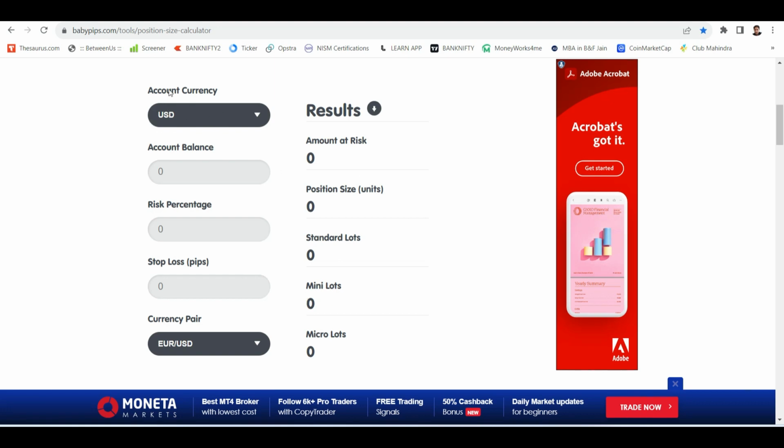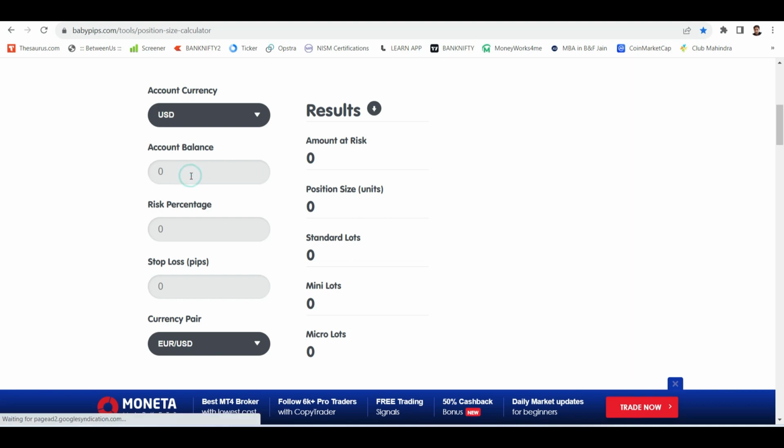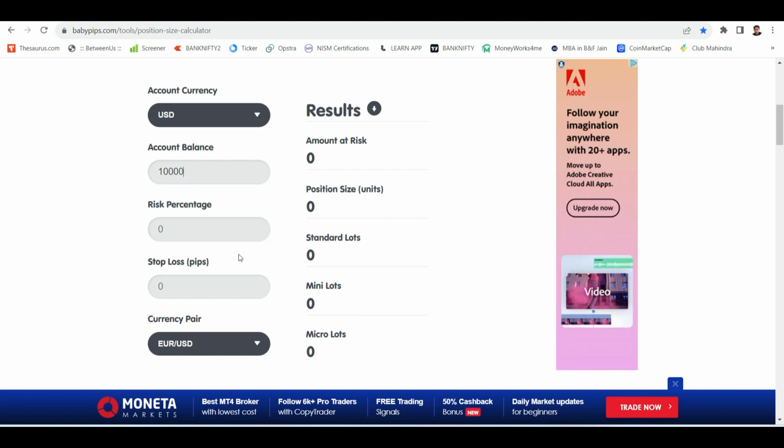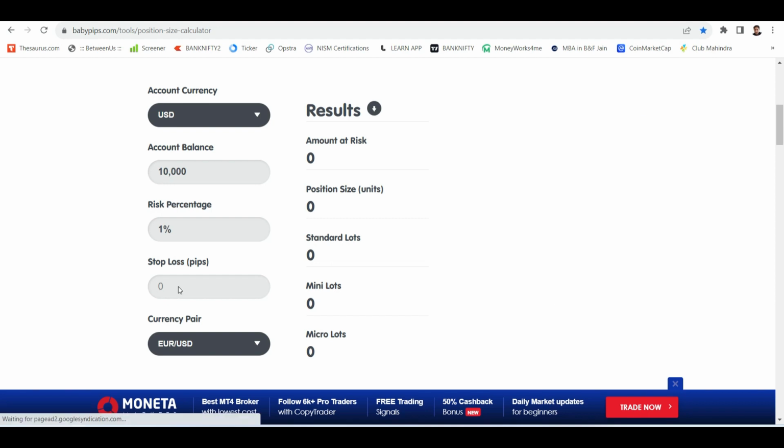Now if your account is in US dollars, first thing you have to do is put your account balance. Say for example, your account balance is $10,000, so you put $10,000 over here. Next, it is asking how much do you want to risk in every particular trade. Basically, how much you are ready to risk in every particular trade. Say for example, you put 1%. And now while you are monitoring the charts, you see that your stop loss is at 25 pips.